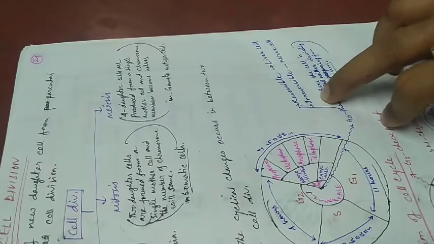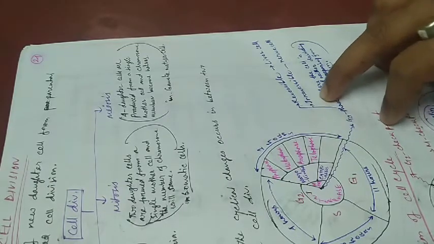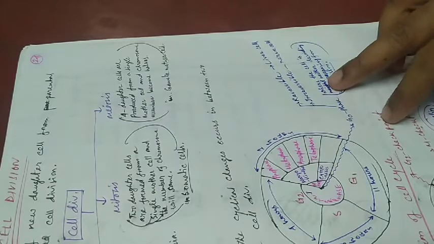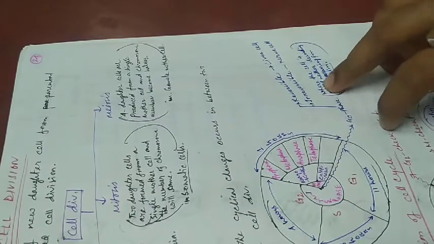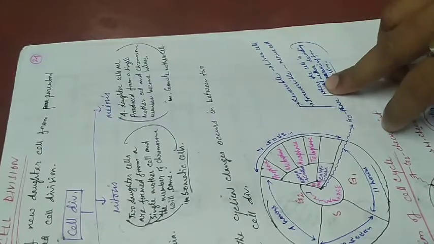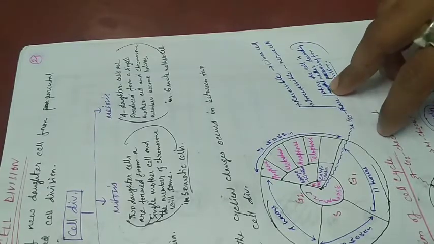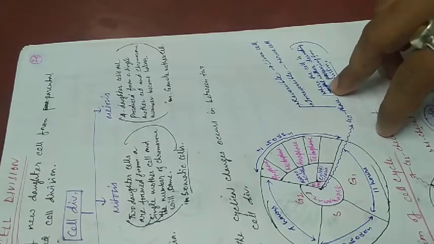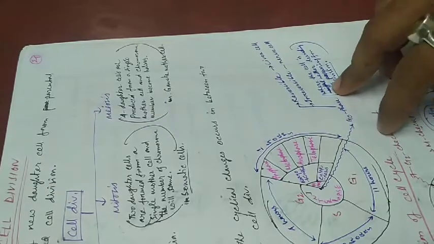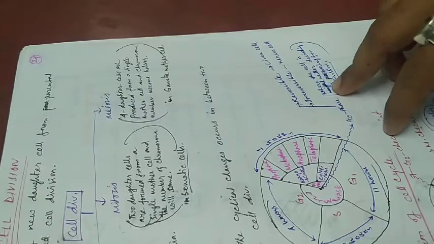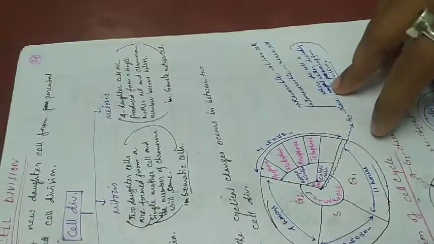In a plant cell, the Golgi bodies or dictyosome help to form a cell plate in the middle portion, in the equatorial plane of the plant cell.